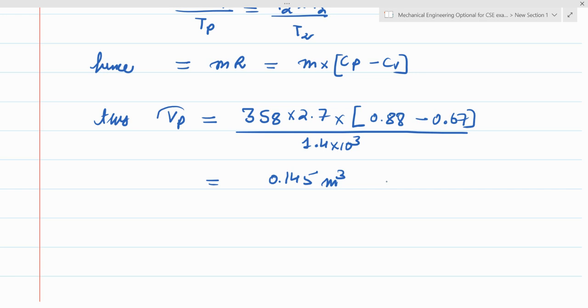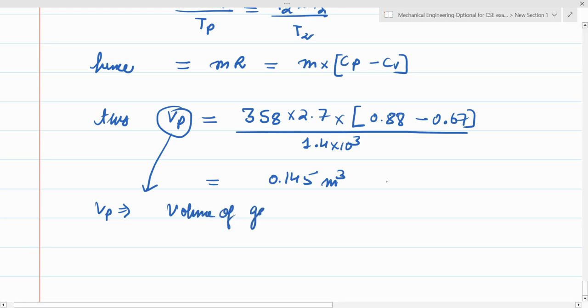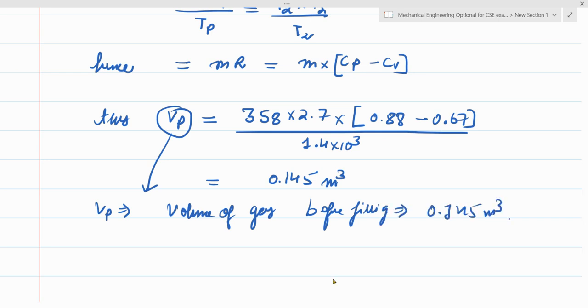Now we have found this Vp. Vp is equal to the volume of gas before filling. It comes out to be 0.145 meter cube.